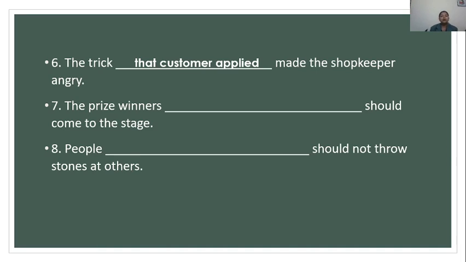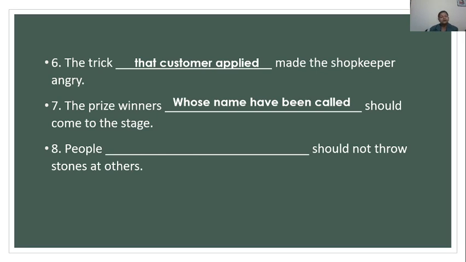Next, the prize winners dash should come to the stage. The prize winners, that means the persons are discussed. Okay, so what will be the introductory word? Whose, whom, who? It's up to you, children. The prize winners whose names have been called should come to the stage. Now, people.